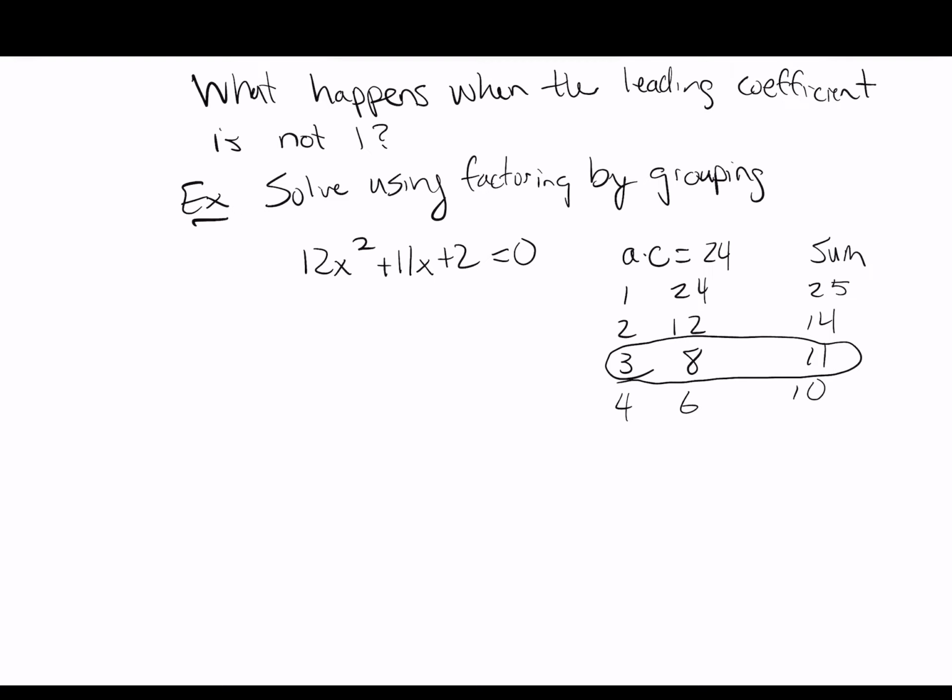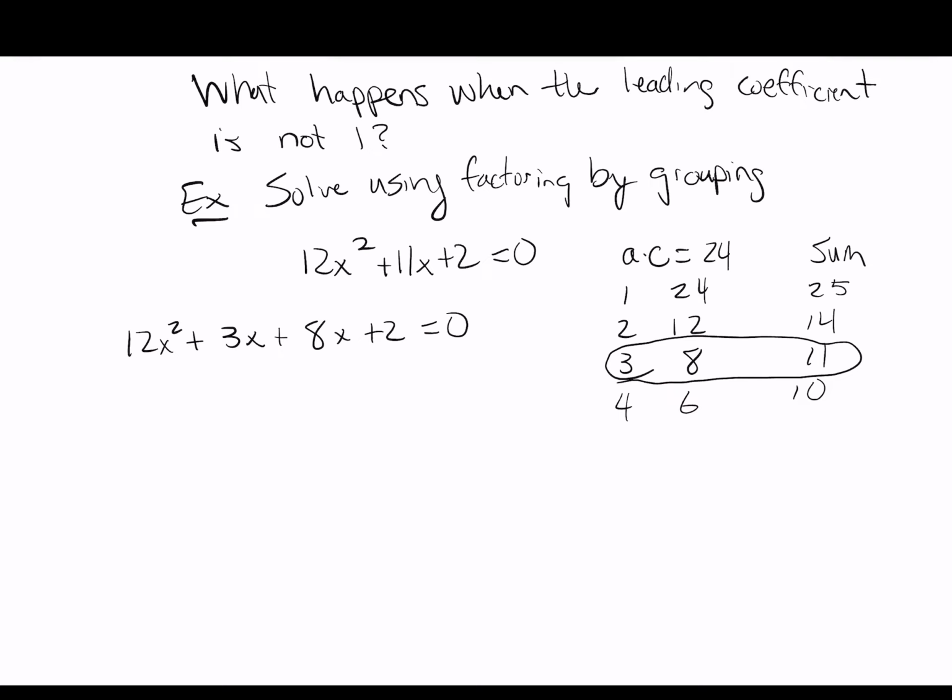So we want to rewrite this equation as 12x² plus 3x plus 8x plus 2 is equal to 0. Again, we want to split that middle term into separate terms so we can factor by grouping. So let's consider the first two terms, 12x² plus 3x.